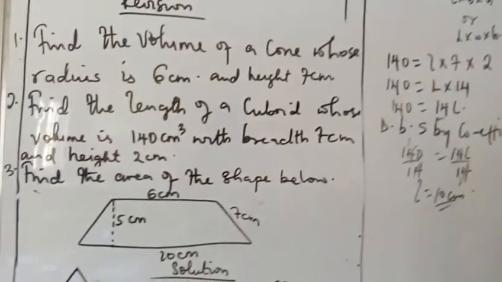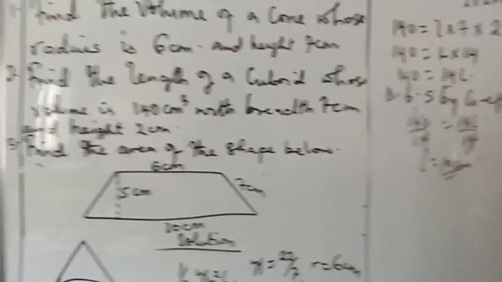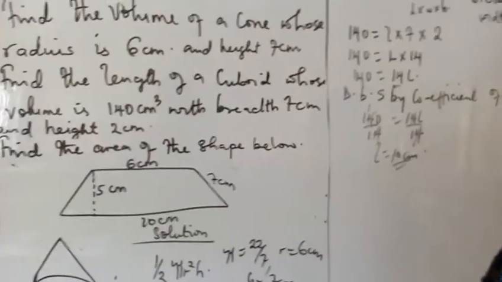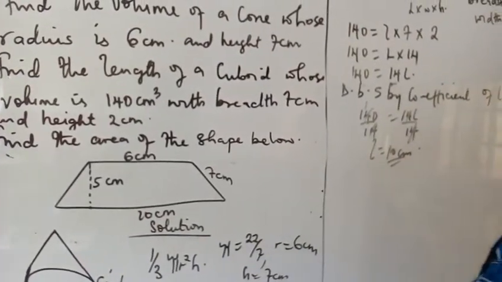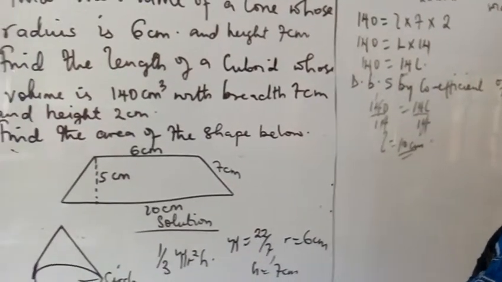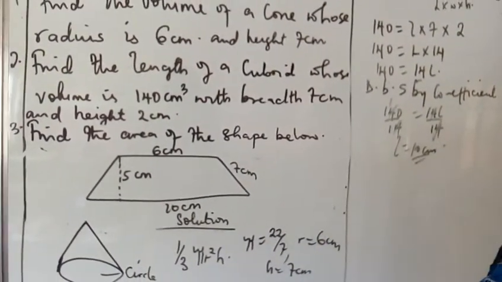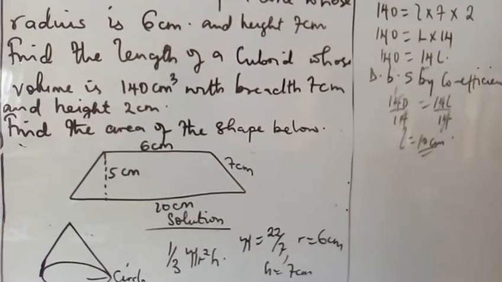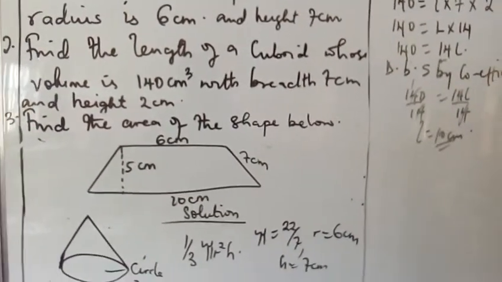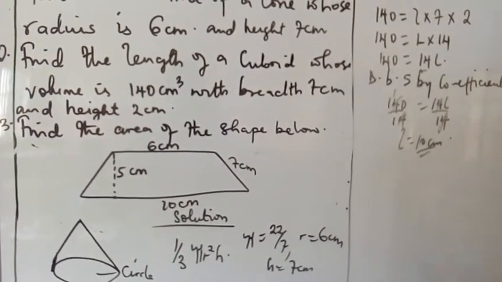The third one, find the area of the shape below. To find the area of the shape, you first of all identify the shape. It's when you identify the shape that you will be able to tell us the formula for finding the area of the shape. And the shape here is a trapezium. Remember that a trapezium is a quadrilateral that has just a pair of parallel sides.